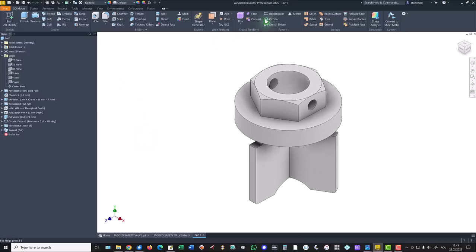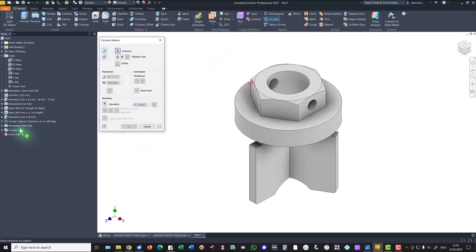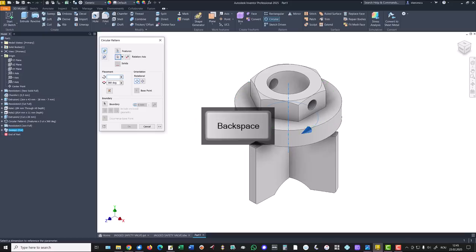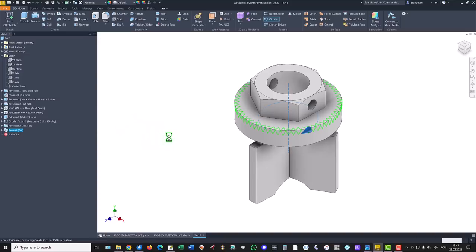We apply circular pattern for this last feature about this axis and number of Z times. Yes, if you write here Z minor, you don't have a good solution. Capital Z is the solution. Okay.